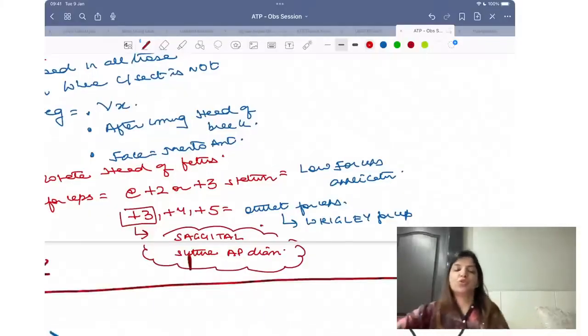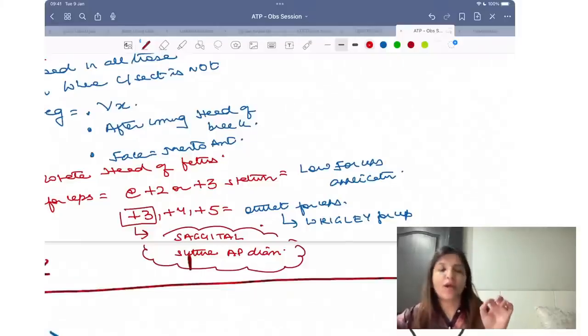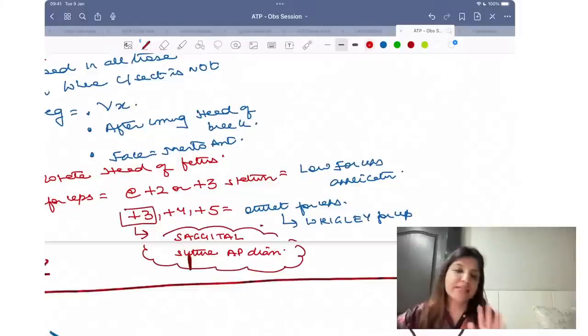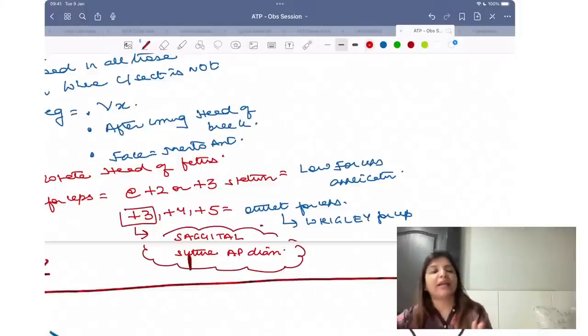So please remember: station +2 or +3 is low forceps, +3, +4, +5 is outlet forceps. At +3, if the line sagittal suture AP diameter is given, mark the answer as outlet forceps. If this line is not given, mark the answer as low forceps. Clear to all of you?